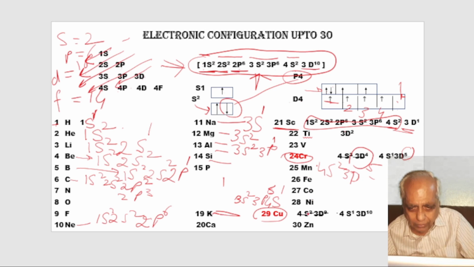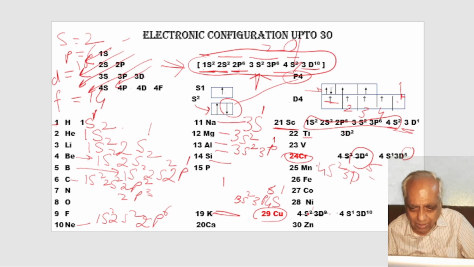How will 29 come? 4s2, 3d9. Because up to 4s2 is 20. You can check: 2, 2, 4, 4, 6, 10, 12, 18, 20. So now instead of 3d10, it will become 3d9 because there are 29.